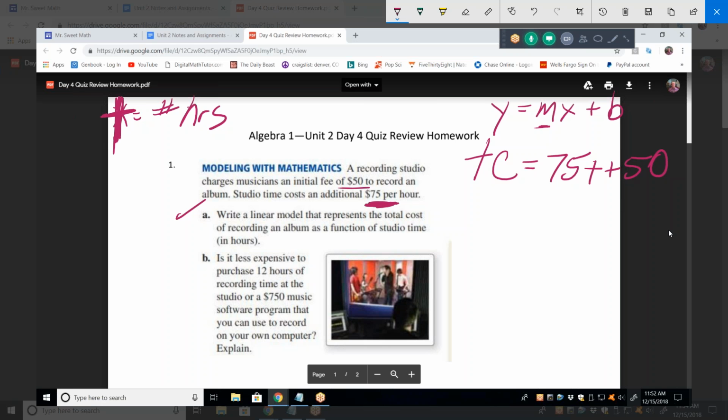So t is the number of hours. Now let's just check that. If you have 0 hours, what do you pay? $50. That's the startup. In other words, to even get in, walking into this recording studio, they're going to charge you $50. If you have exactly 1 hour, how much would your cost be?